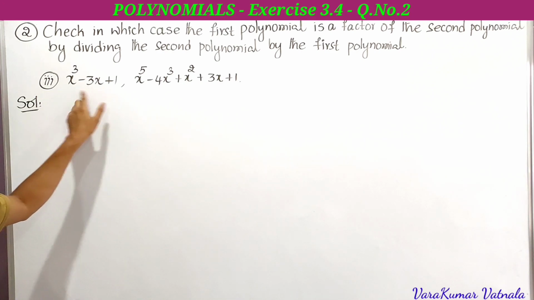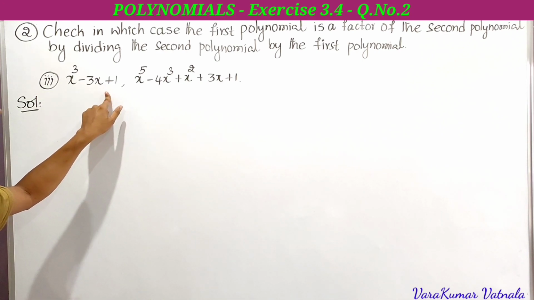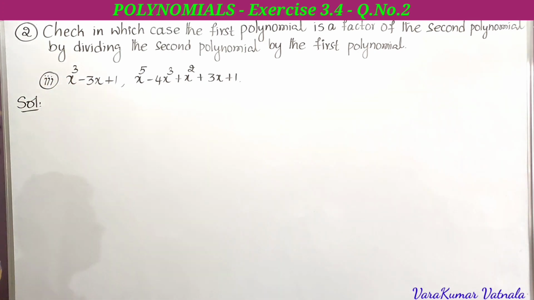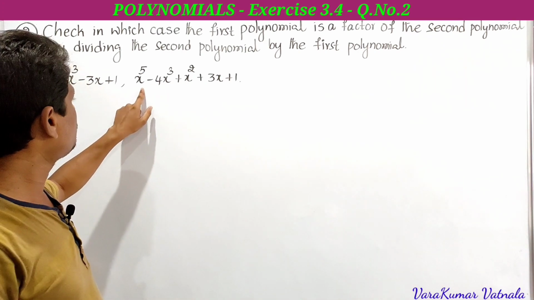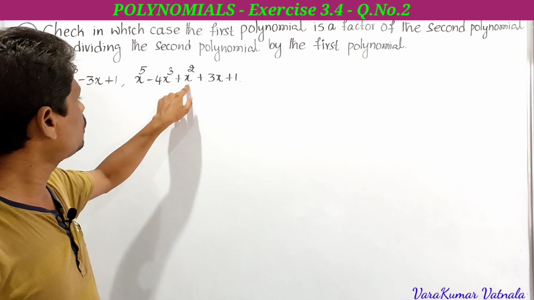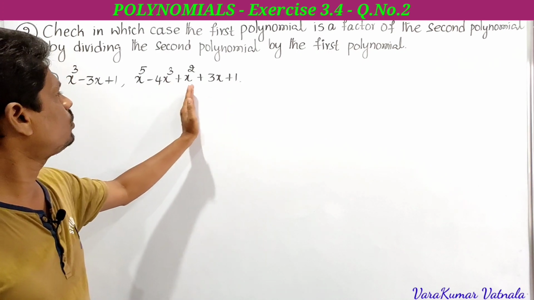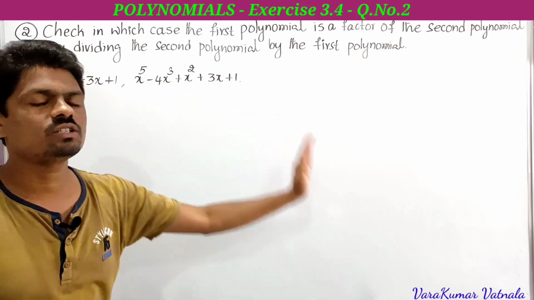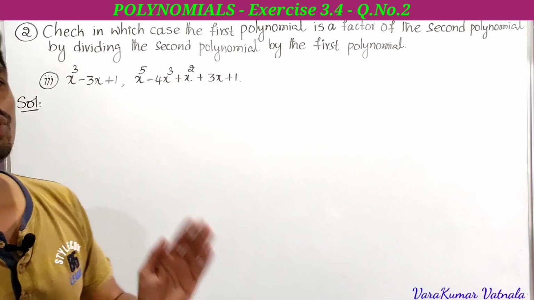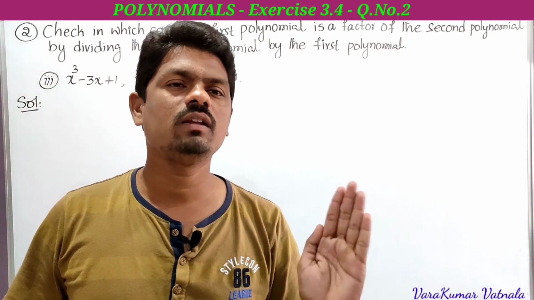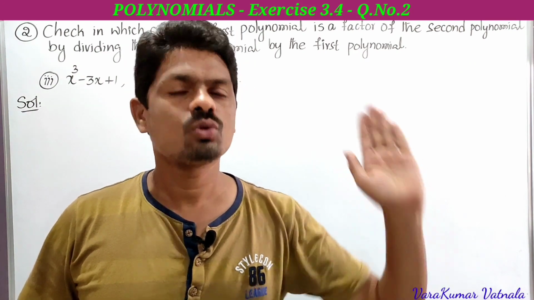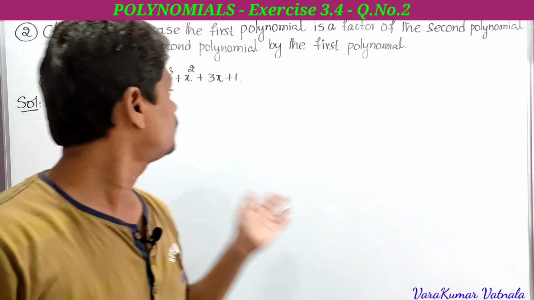Yes, the powers are in decreasing order, so it is in its standard form. Here x to the power 5, 3, 2, 1, 0. It is also in its standard form. So the given two polynomials are in their standard form, and now we can proceed to do the division.